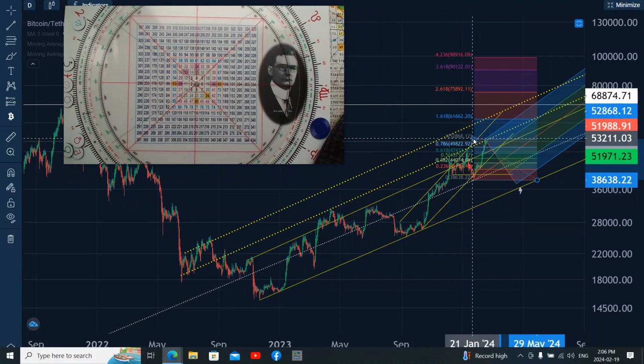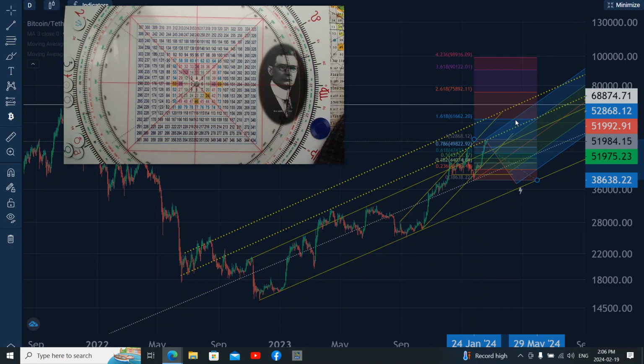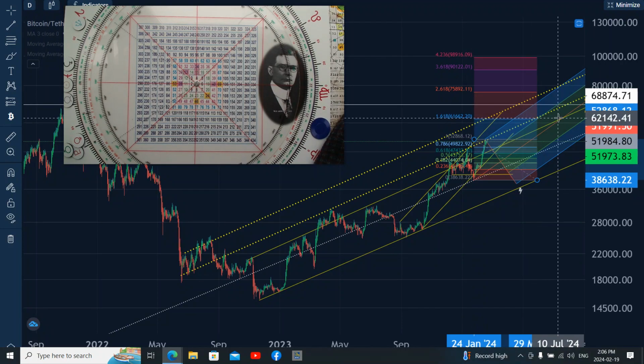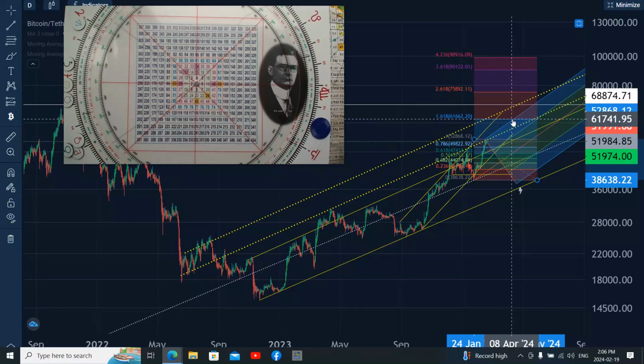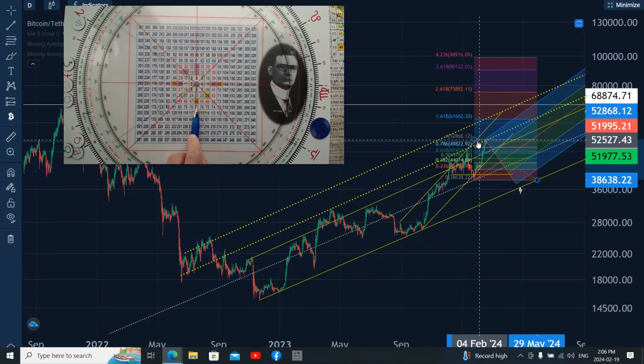I think we should change that and bring it the other way, because this is indicating that we could come up to around this point, which is indicative of an old top area, 62,000. And that would be sitting right over our 1534 and opposite our 46. So it's possible and likely we could see that.